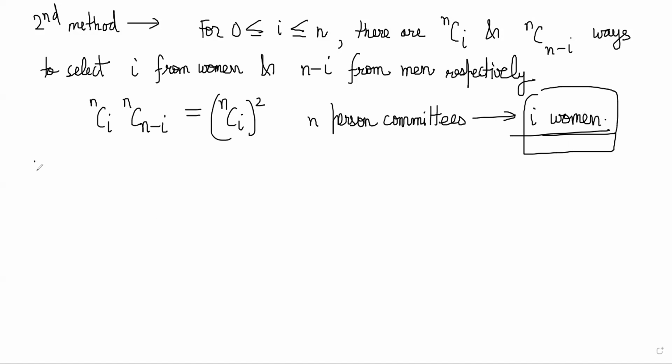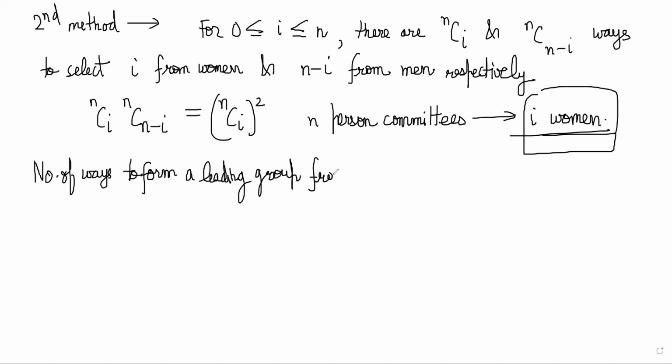So if you want to find the number of ways to form a leading group from the i women, that will be the number of subsets of the i women that are possible. So that is clearly 2 power i subsets of i women possible to form a leading group.